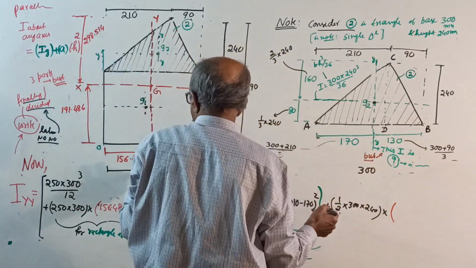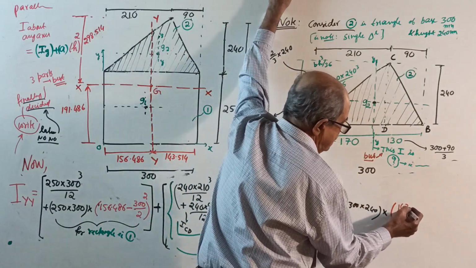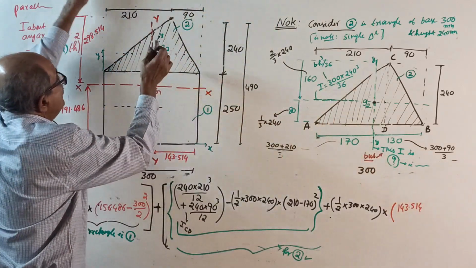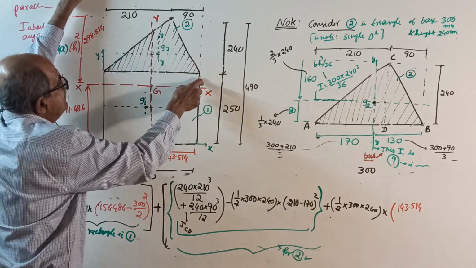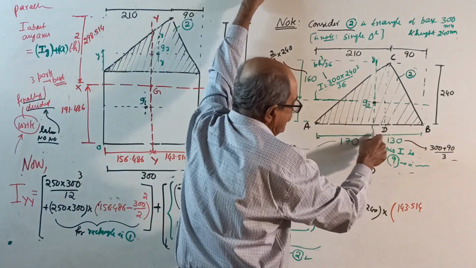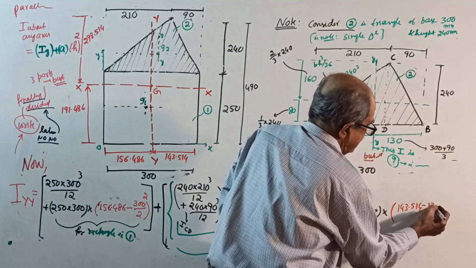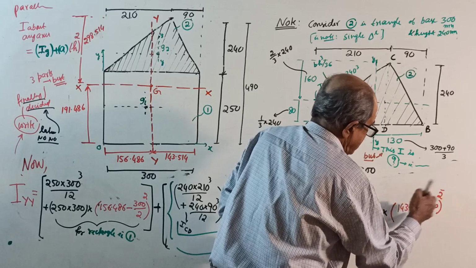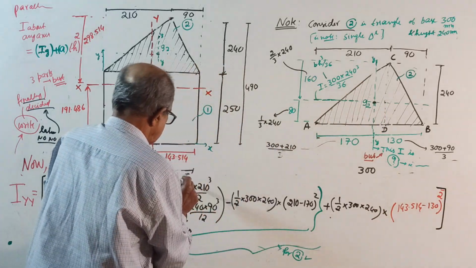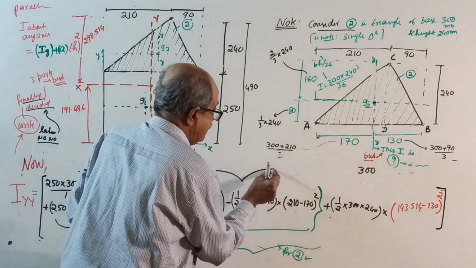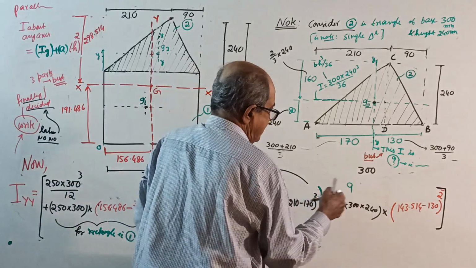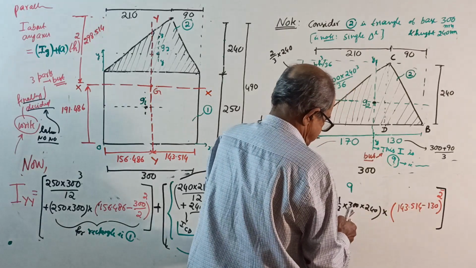So it is 143.514 minus 130, whole square, close the bracket. So now this full term is your IG plus A into H square.